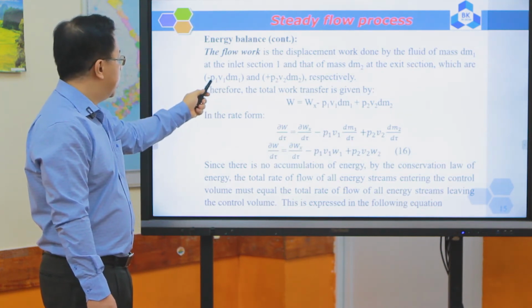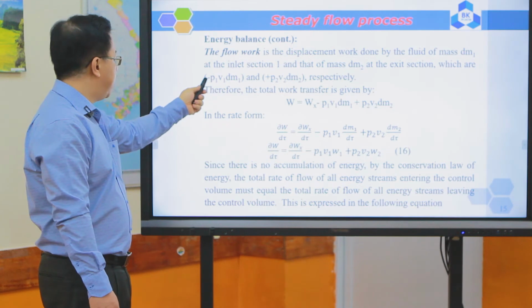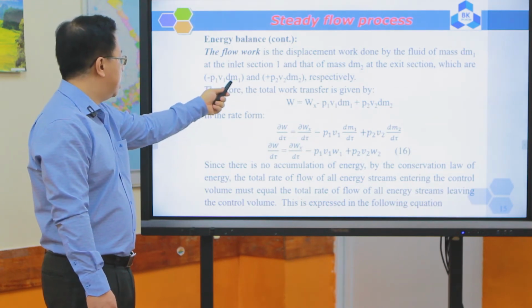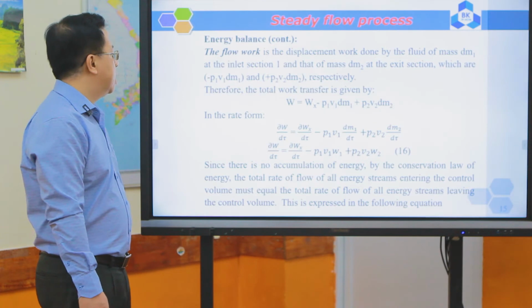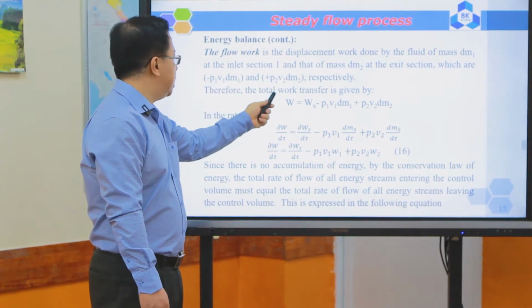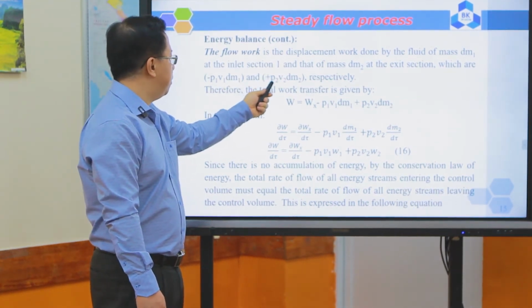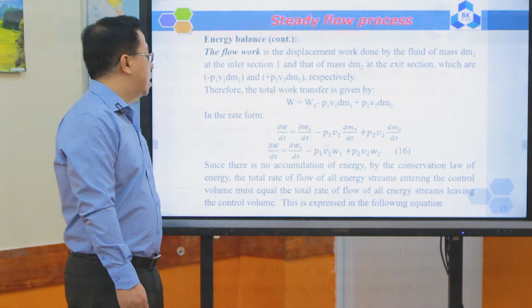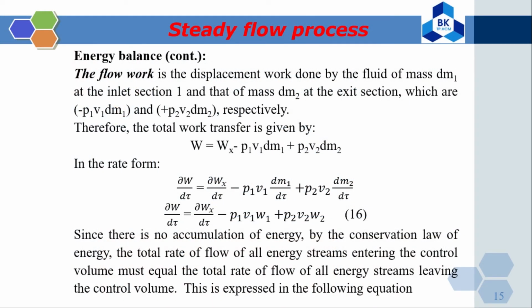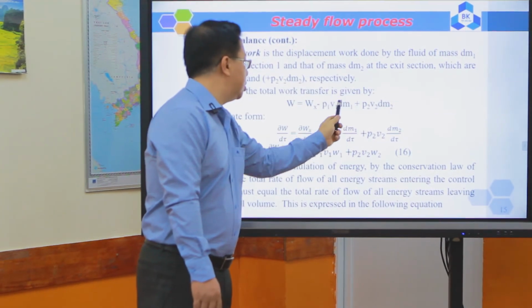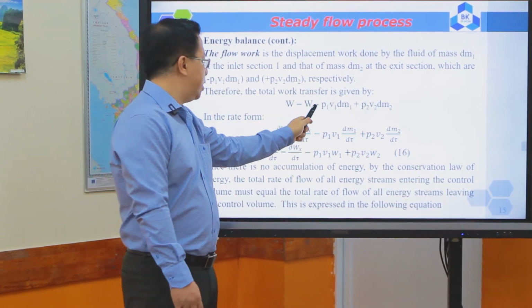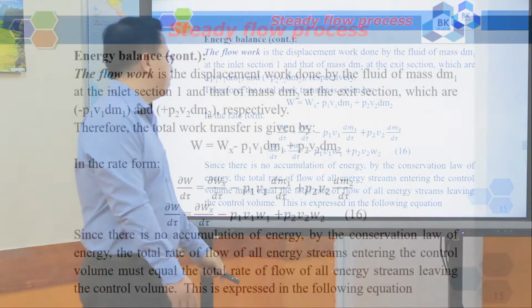Because it is entering, we have minus P1 v1 dm1, and at the outlet a positive P2 v2 dm2. So the total work W will be the external work Wx plus the flow work, these two elements, negative for in and positive for out.